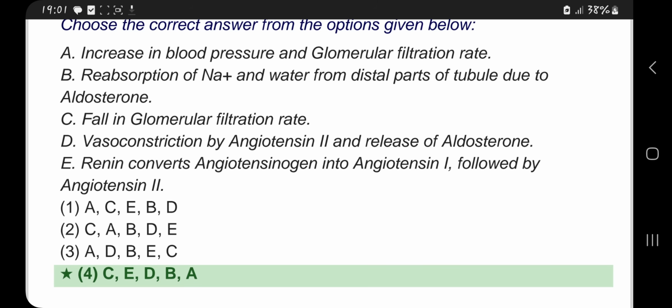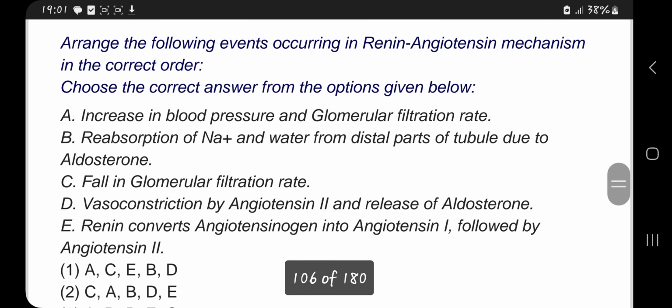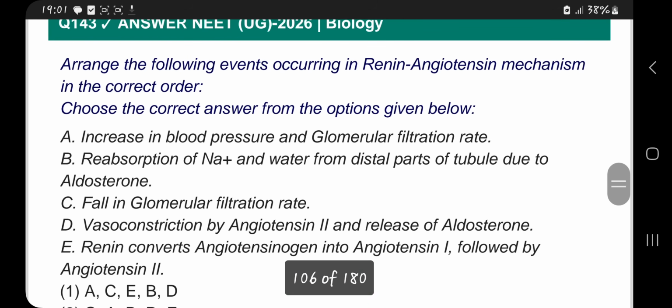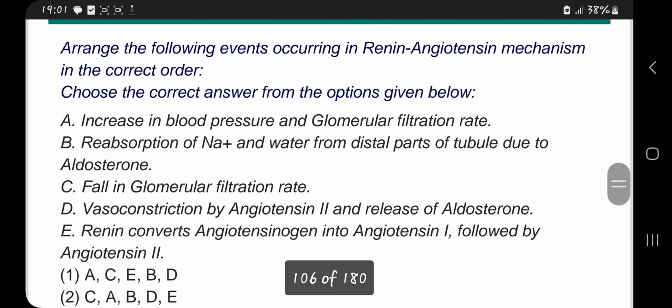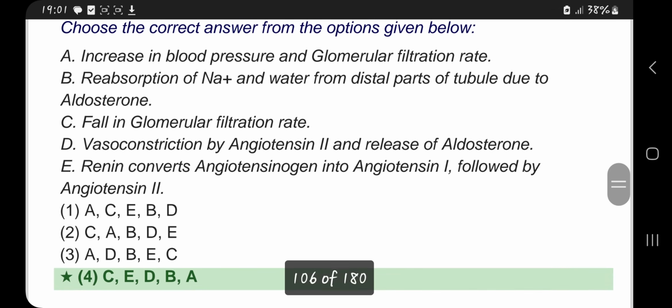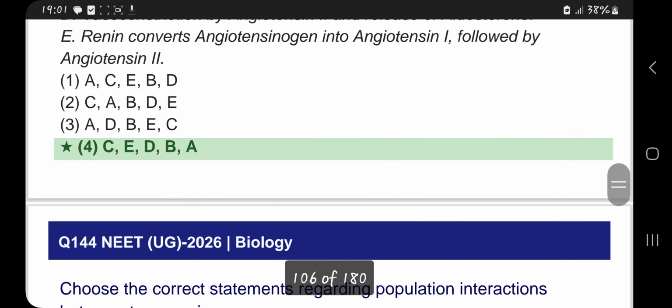B is reabsorption of sodium ion and water from the distal parts of tubule due to aldosterone. So CEDB, and the last option is increase in blood pressure and glomerular filtration rate. This is what is happening in the renin-angiotensin mechanism. So the correct sequence is CEDBA.